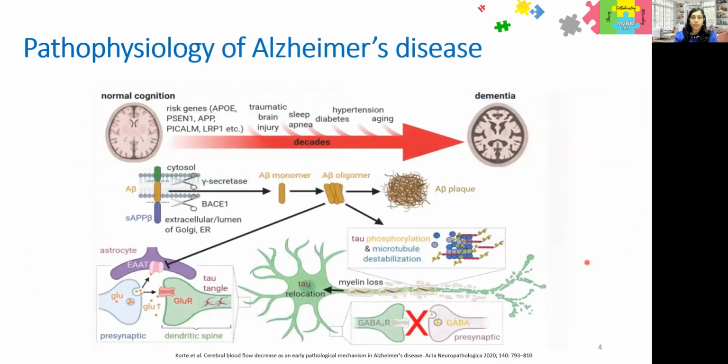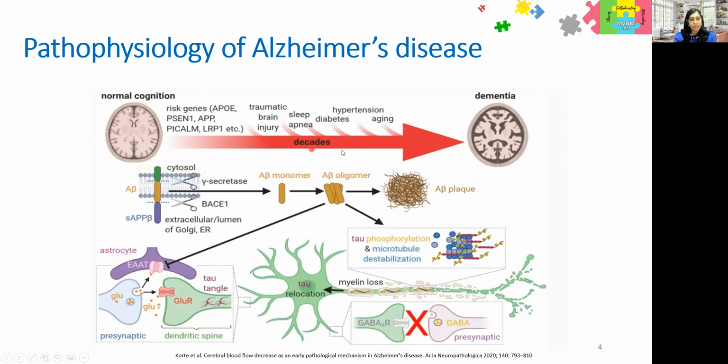The pathophysiology of Alzheimer's disease is contributed by some genetic aberrations along with concomitant metabolic conditions. Patients with traumatic brain injury, sleep apnea, diabetes or hypertension may accelerate the process from normal cognition to developing dementia.